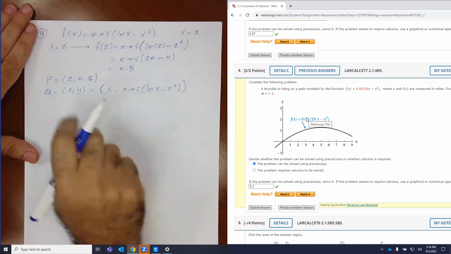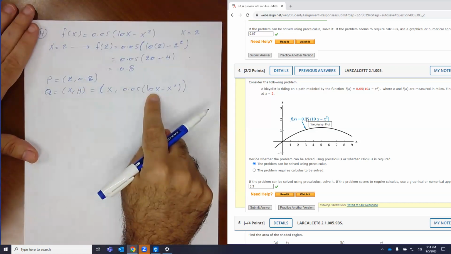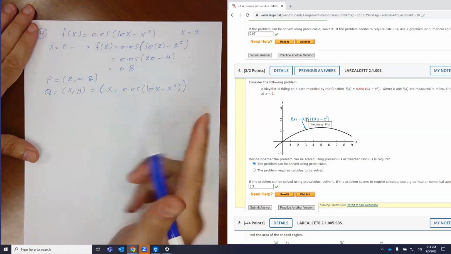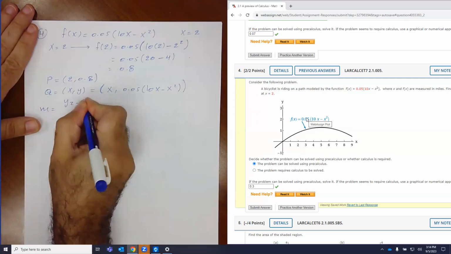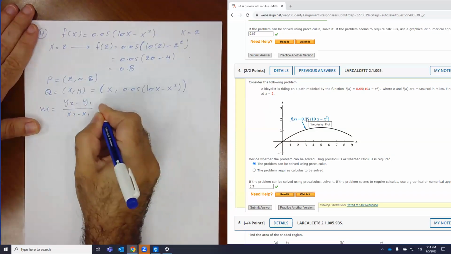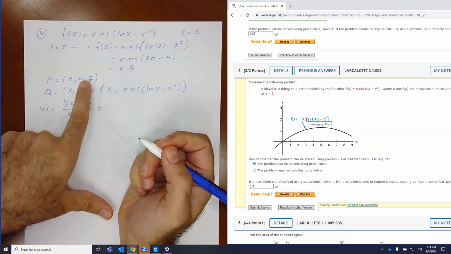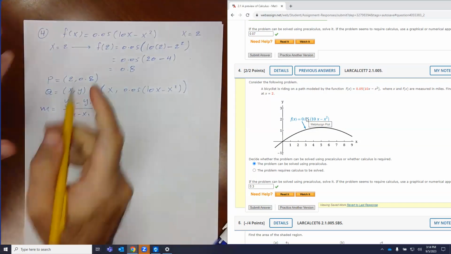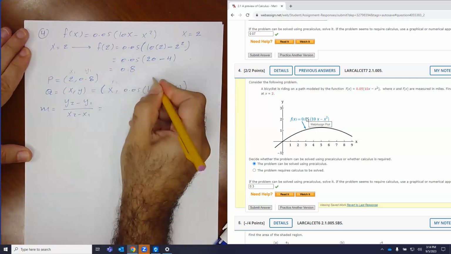Now, x1, y1, x2, y2. I can find the slope. So I'm going to say the slope is y2 minus y1 over x2 minus x1.